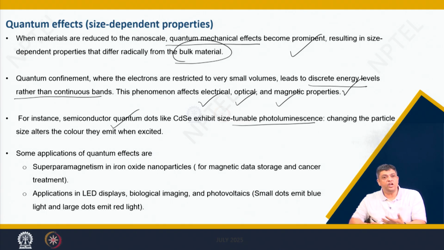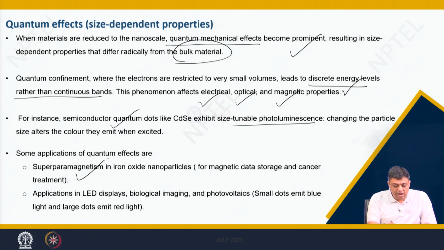Similarly, you can introduce superparamagnetism in magnetic nanoparticles. They can be used for magnetic data storage, medical applications, transformer oils, which are huge applications.